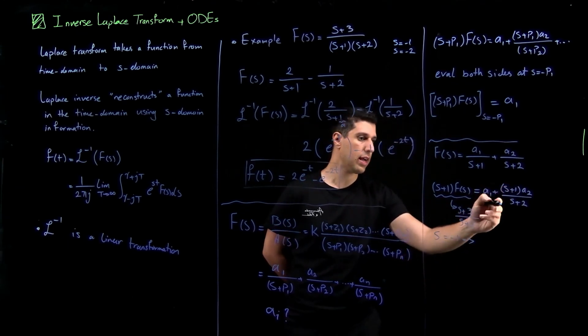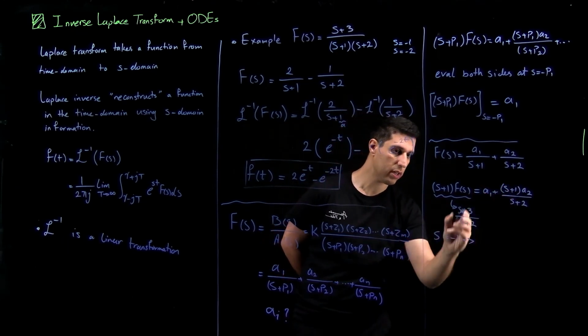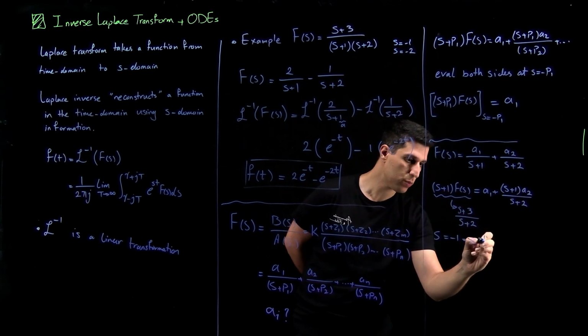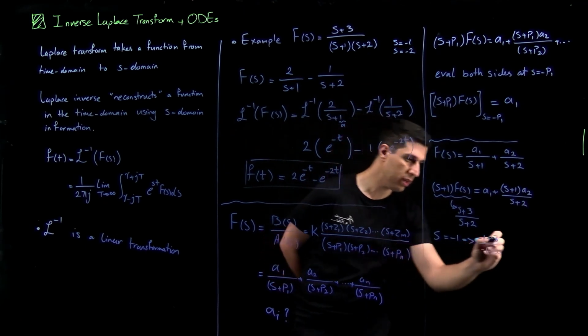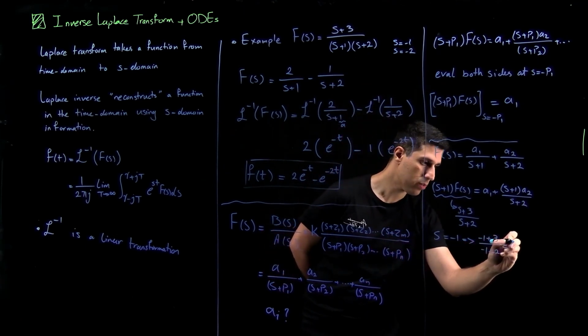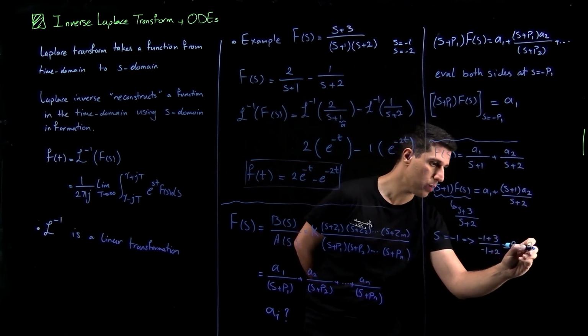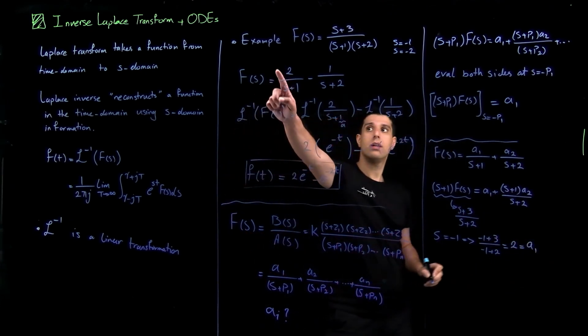On that side, I only have A1. On this side, I have minus 1 plus 3 over minus 1 plus 2. That is 2 over 1, which equals 2, equals A1. It's the same as this.